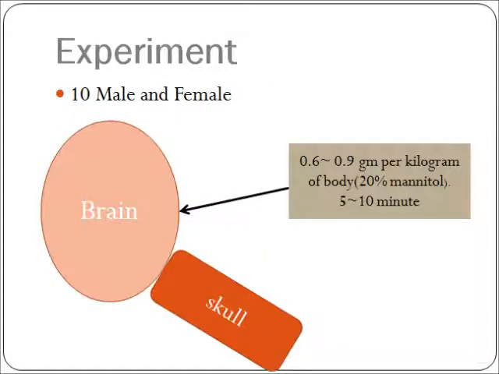The subjects were 10 male and female patients who had not received mannitol within 1 week and had no heart and kidney disease. After the onset of the operation, the skull was opened and then dosed with 0.6 to 0.9 gram per kilogram of body weight of 20% mannitol over 5 to 10 minutes.